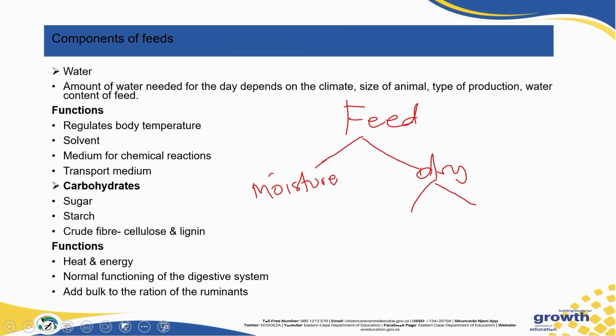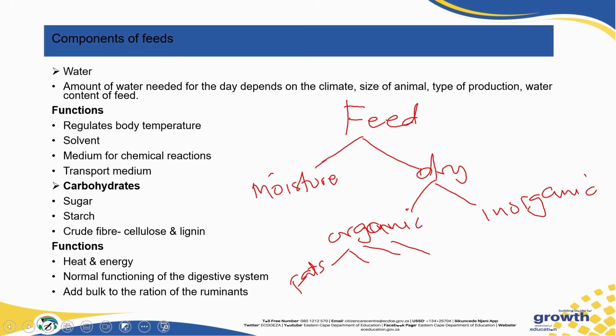In the dry part of a feed, we have the organic part and the inorganic part of a feed. In the organic part of a feed, we have the fats, the proteins, the carbohydrates, and the vitamins. In the inorganic part of a feed, we have the minerals.